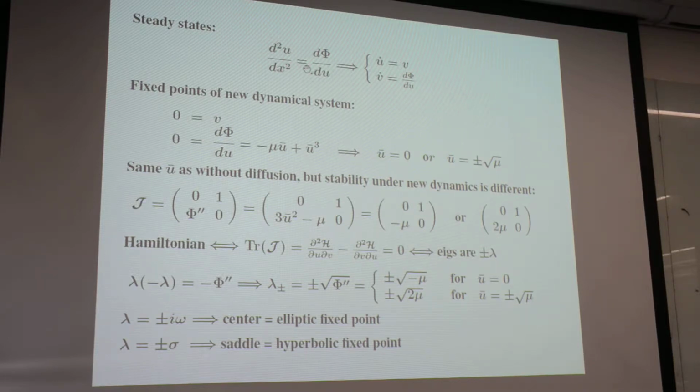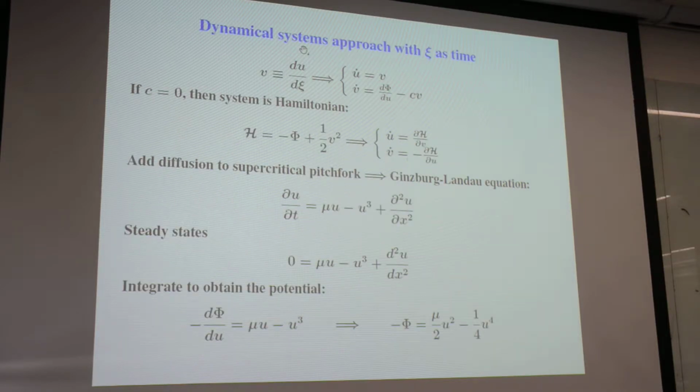Okay, so now let us look at it again, where we've turned space into time. We have this d squared u dx squared, and we're going to make that a dt squared, and thus that will turn it into two first order in time systems that are here. This is the same thing as this. This thing here is the steady state equation of the time dependent one. We start off here with a pitchfork bifurcation to which we've added diffusion, and we seek steady states for this.